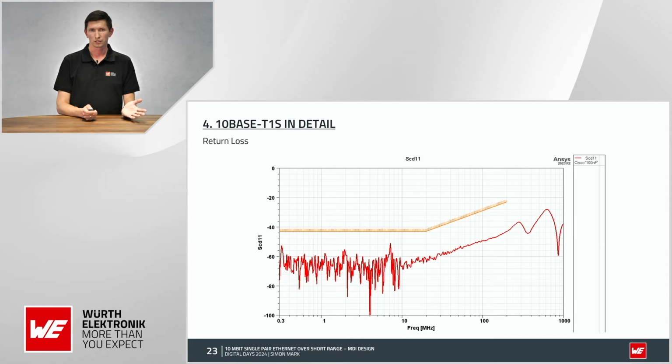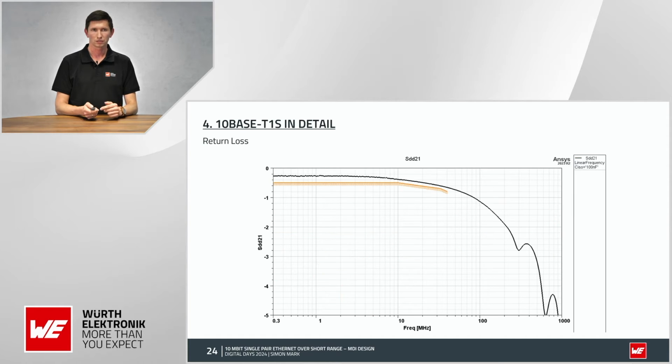Also for the mode conversion, focus on this graph, not on this text. This is wrong. It is mode conversion, the SCD11. We are also below the limits. For the insertion loss, we are better than the recommended ones or the limits.